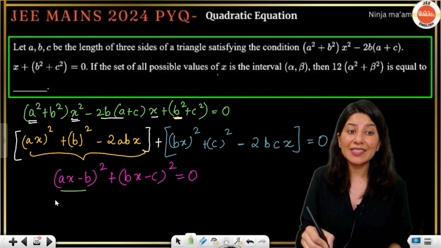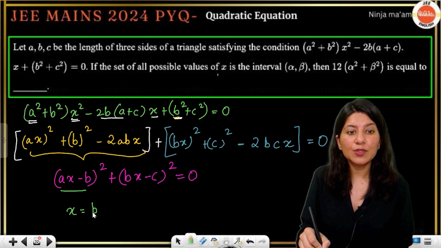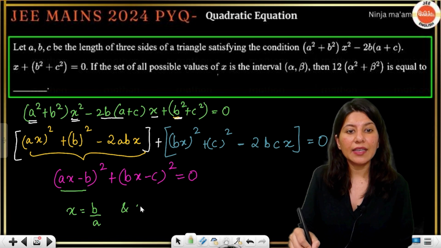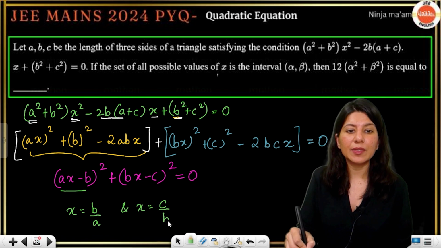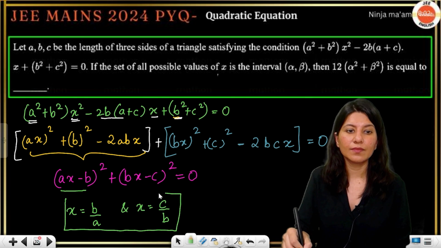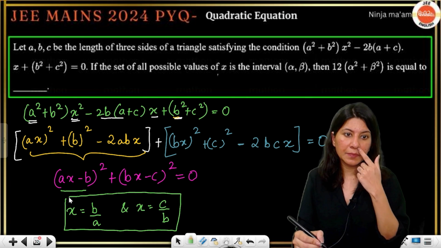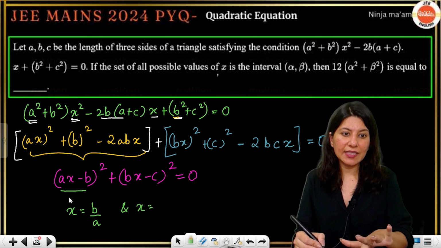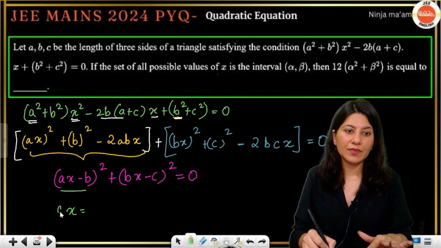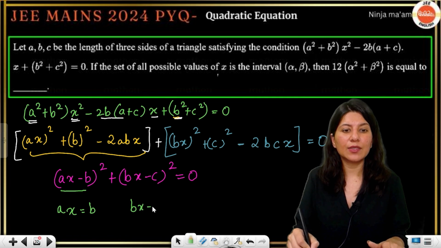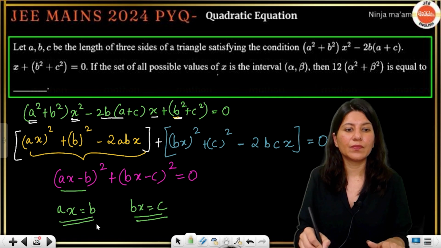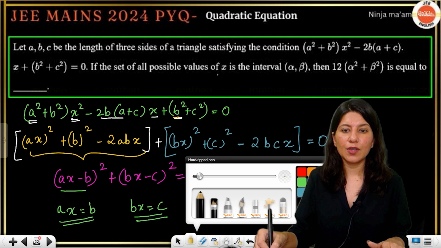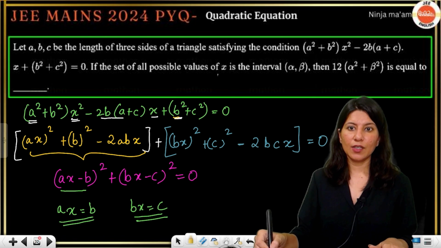Both have to be 0 at the same time. What does that mean? x equals b by a and x equals c by b. Or we can say that ax equals b, bx equals c.